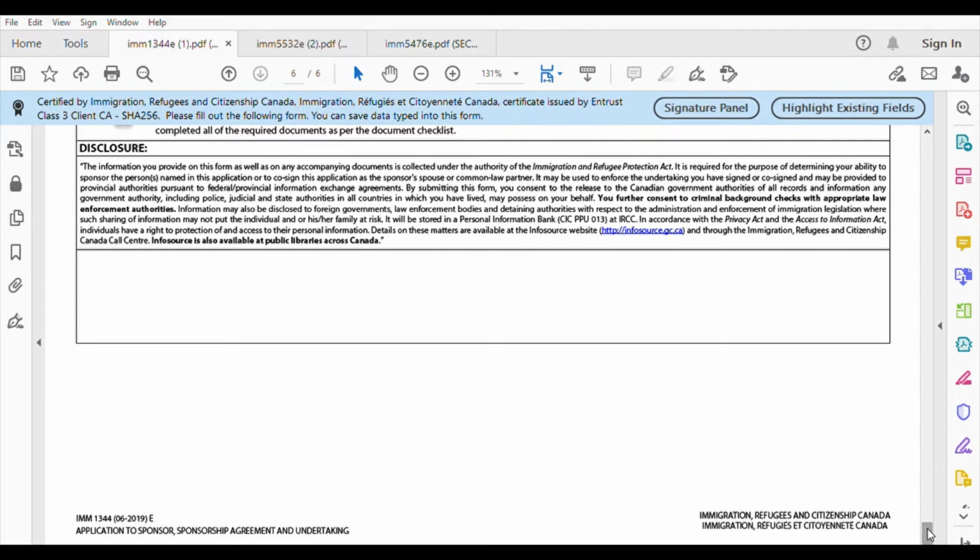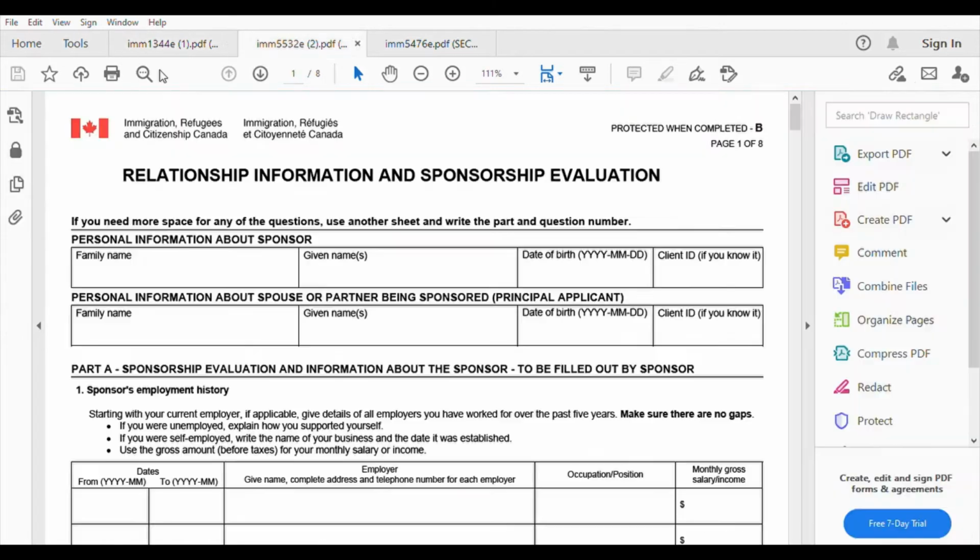So now let's go to the second form. Relationship information and sponsorship evaluation form. If you need more space for any of the questions, use another sheet and write the part and the question number. So guys, this is also very important.